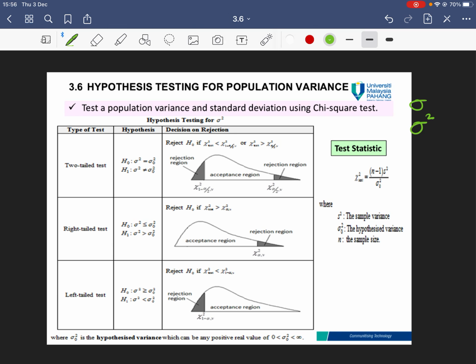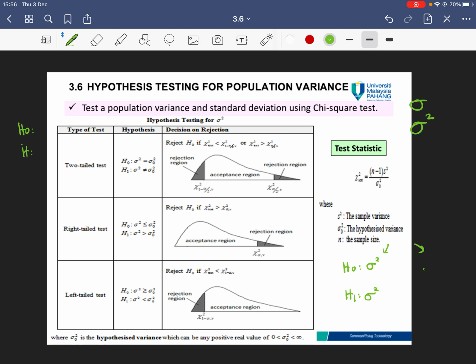How to formulate the hypothesis? Formulate the hypothesis for this one: H null, H1. H null now is no longer mu, no longer pi. The notation now is sigma square for variance or sigma for standard deviation for the left hand side.